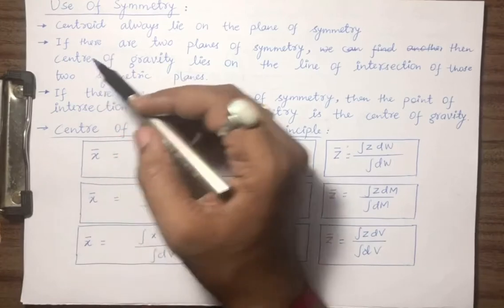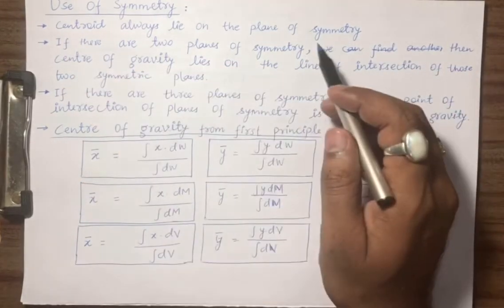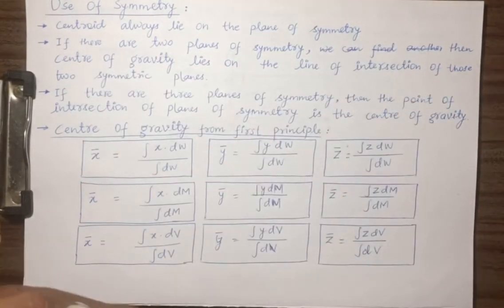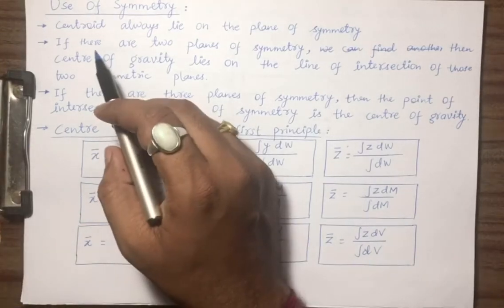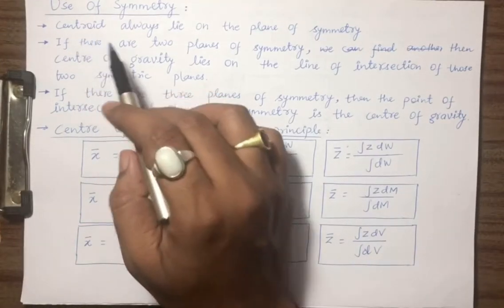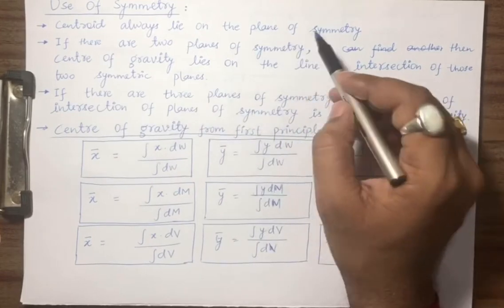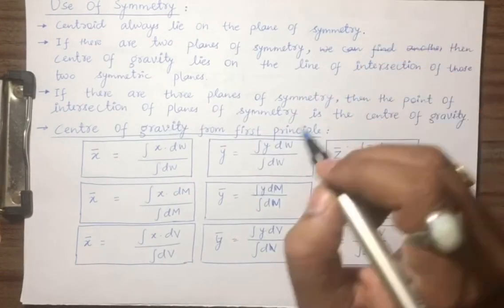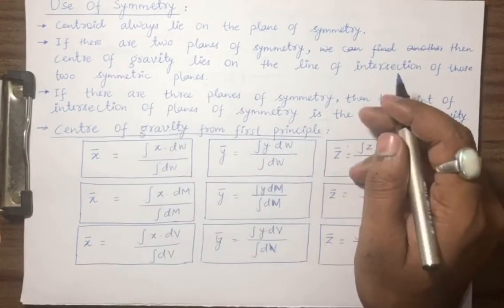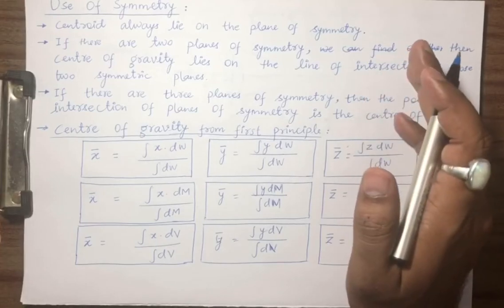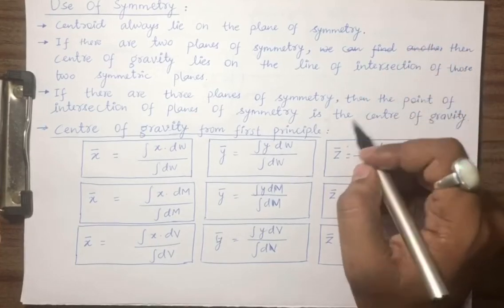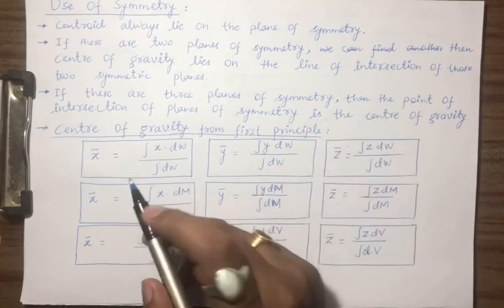Some results you have to take care of while calculating the centroid. First, the centroid always lies on the plane of symmetry. If a body has a plane of symmetry, then the centroid will lie on that plane.